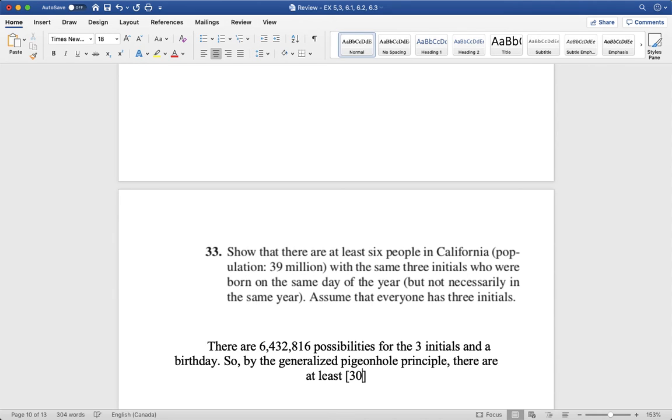So we divide 39 million by the number of possibilities, which is this number here, and that is basically equal to 7 people who share the same initials and the birthday.